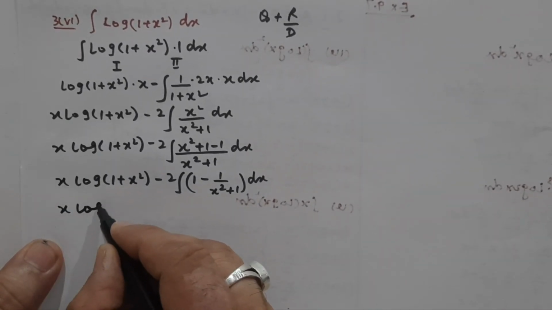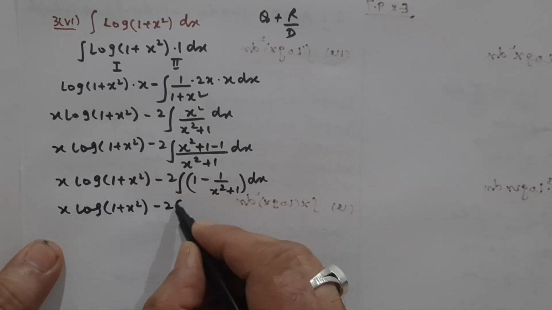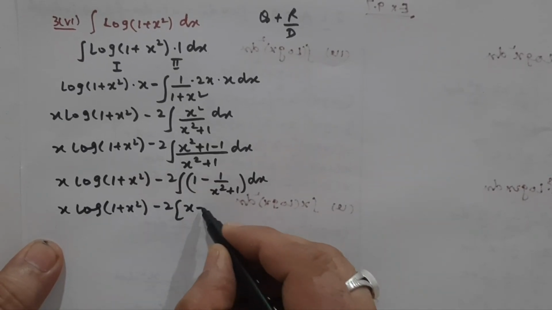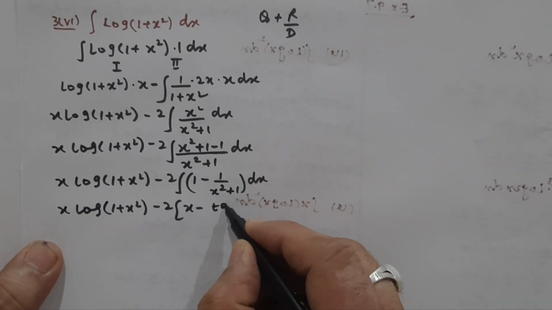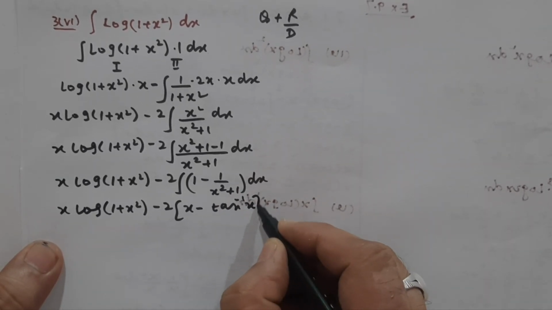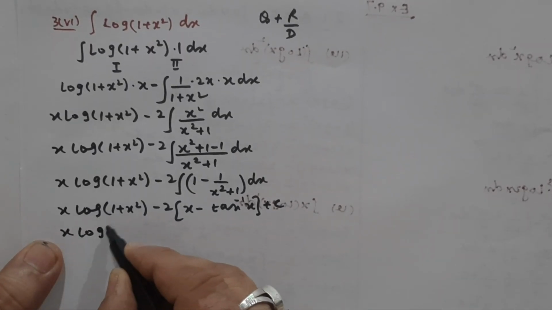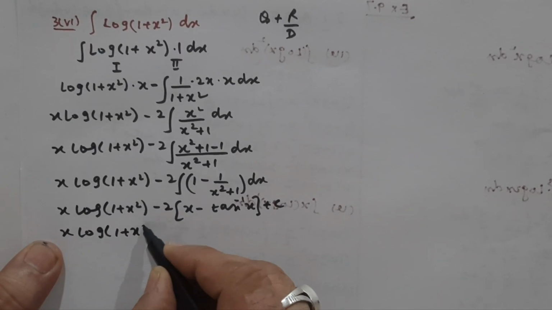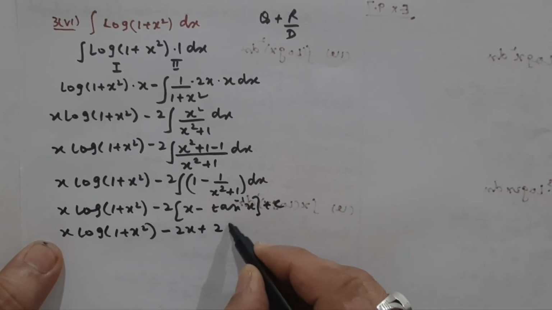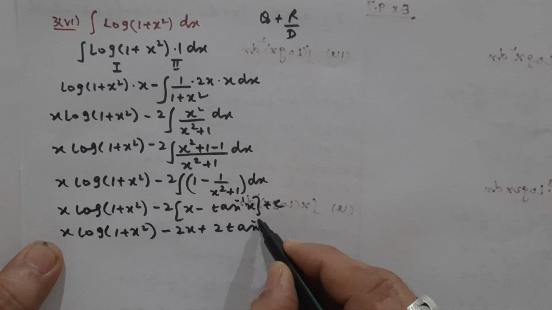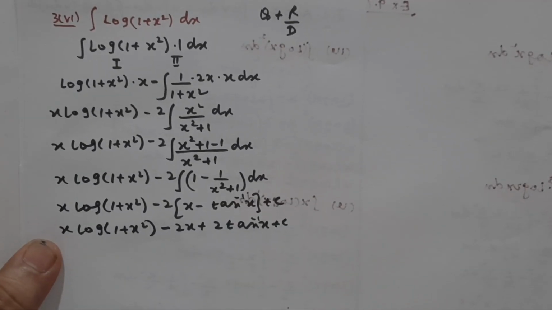Integrating this factor as it is, the integral of 1 is x, and the integral of 1 upon (x² + 1) is tan inverse x plus c. So students, we get x log(1 + x²) minus 2x plus 2 tan inverse x plus c. So this is the answer of this question.